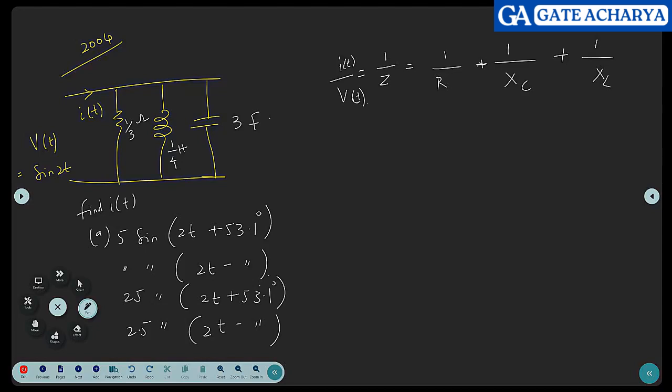XC is 1 by J omega C. Voltage is given, they are asking you to find current. First make it a single complex number.